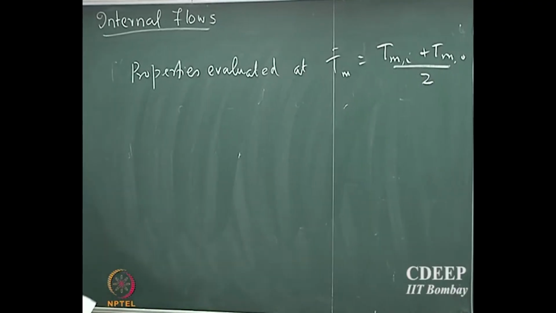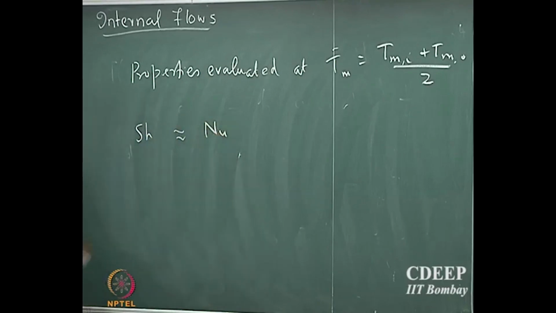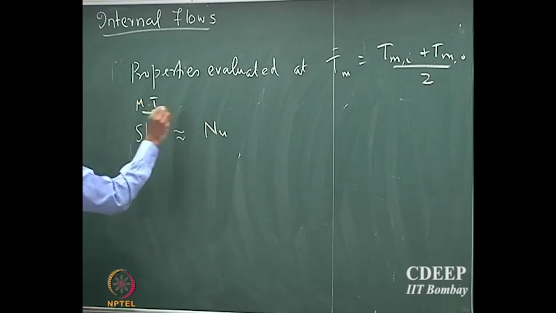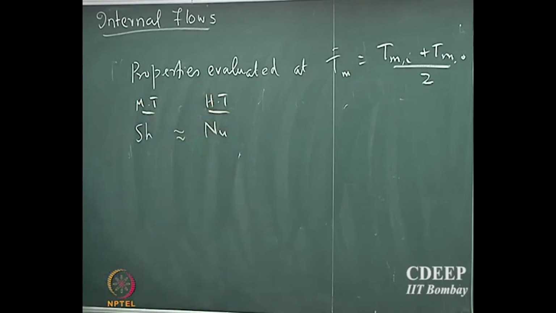Now one could actually extend this to a mass transport problem. Okay. How do we extend this? By boundary layer analogy, right? So we know that we have boundary layer analogy. So Sherwood number is the equivalent for Nusselt number in heat transport. So if we have mass transport and heat transport, Sherwood number and Nusselt number are equivalent to each other.